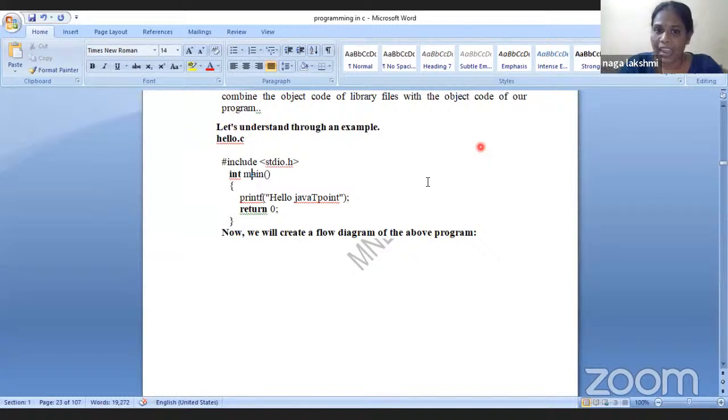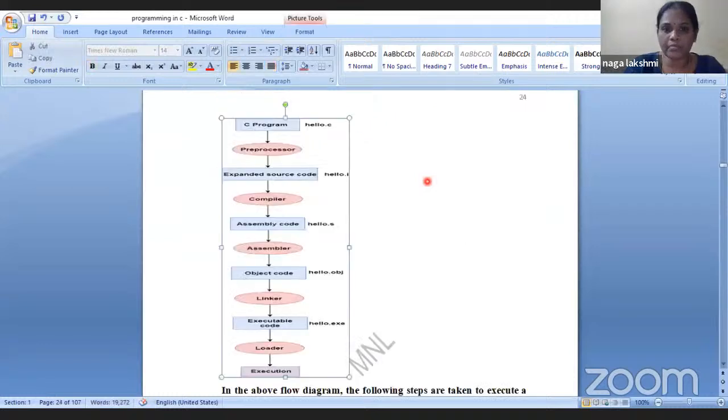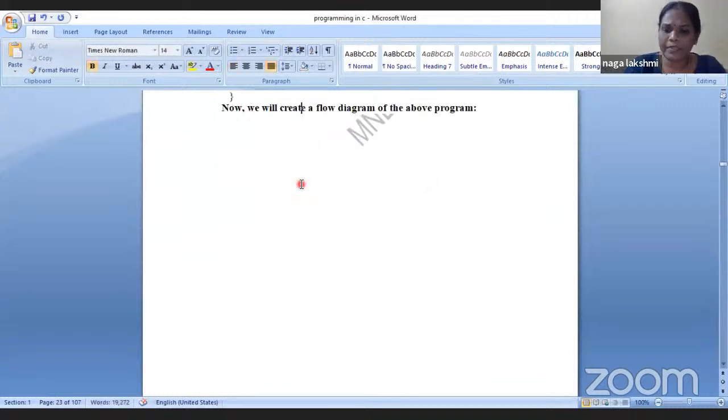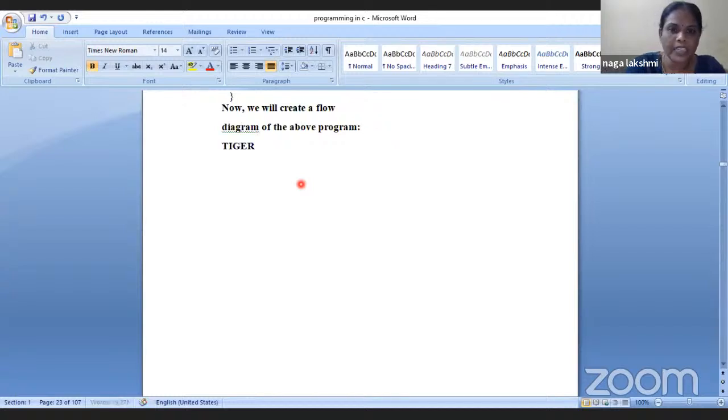Suppose in our language, if I write any word, for example take any animal name, tiger. If I write tiger with a capital T or with a small t, what is the meaning of both?